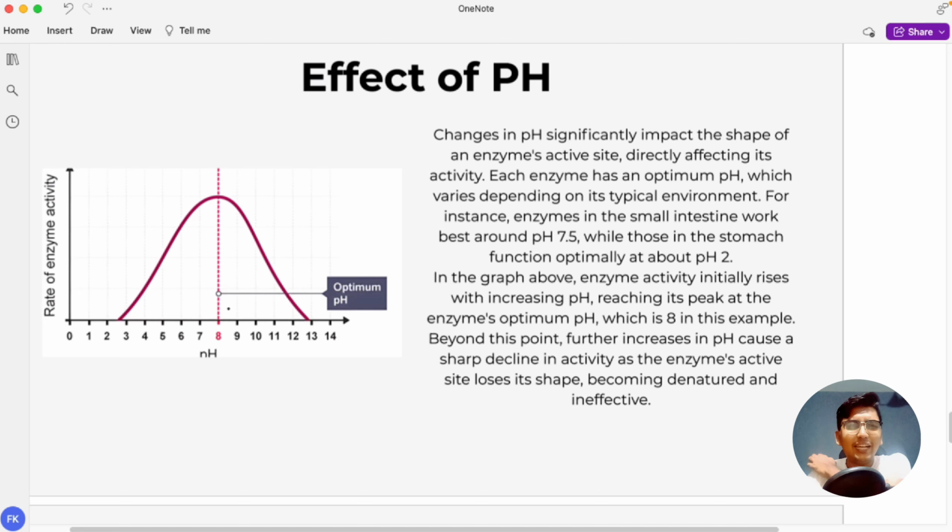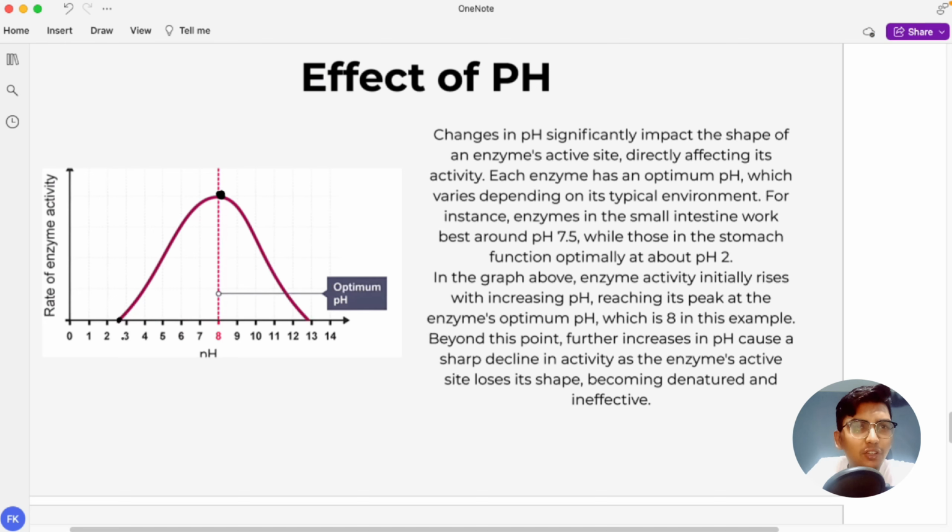In the graph, we can see as the pH increases, the rate of reaction increases until it reaches its optimum pH. Different enzymes have different optimum pH. For example, the enzyme pepsin works in our stomach and has an optimum pH of 2.5, right, which is here.